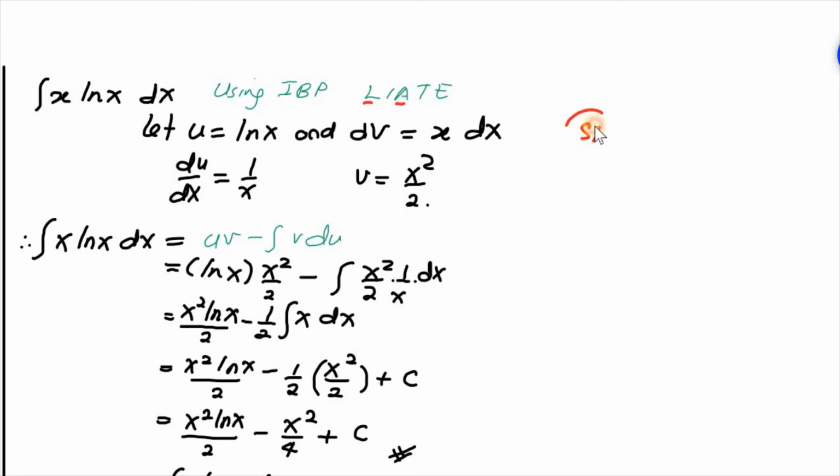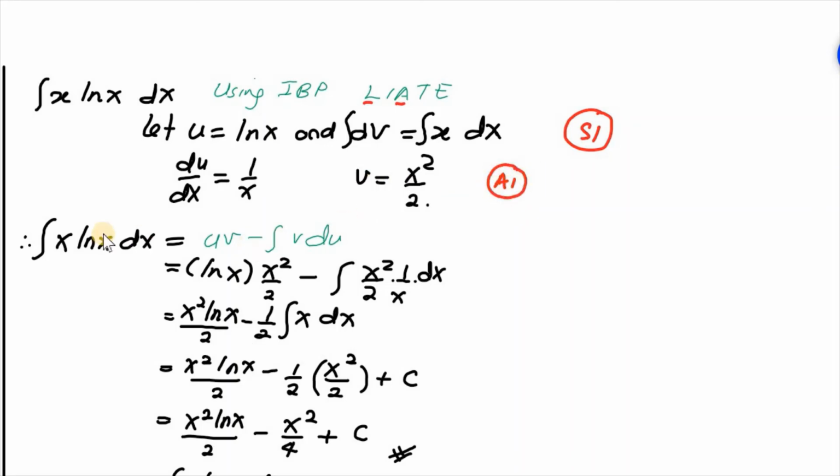That's one. Then, in order to use the formula of integration by parts, we need to differentiate u, and over here, we need to integrate dv. We integrate both sides. Here we get du, here we get x squared over 2. Make sure you show it, make sure it is correct.